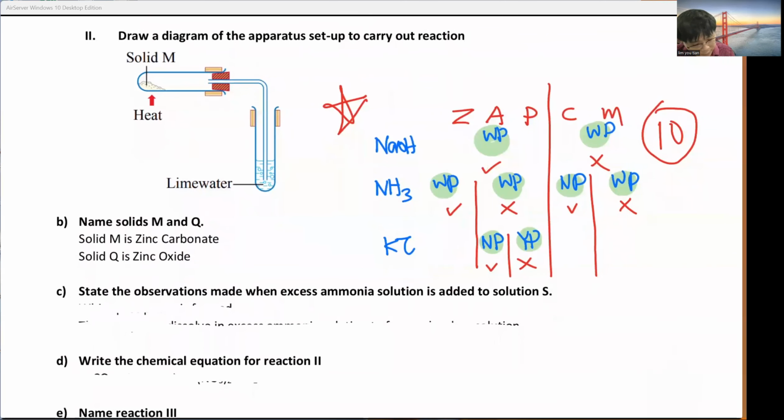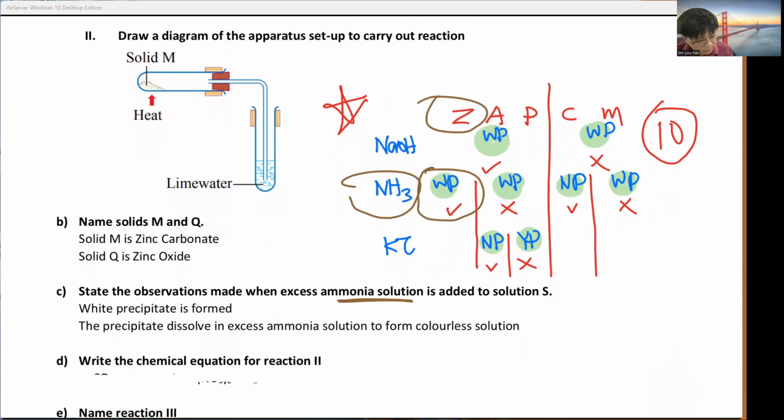Then they ask you, if you add ammonia, what will happen? So zinc add ammonia, white precipitate soluble. Quite a simple one. The diagram you need to draw: one of the higher chance diagrams coming out in your chapter 6 is this one. They ask you to draw this one.